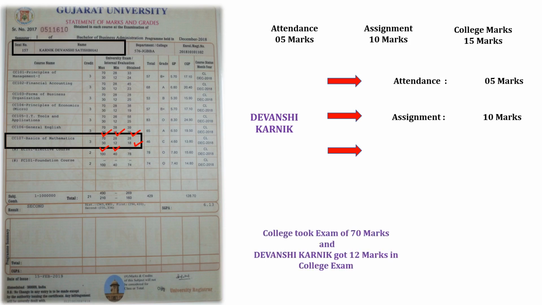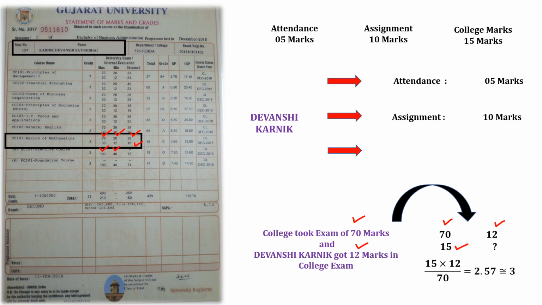The college took an exam of 70 marks and the student got only 12 marks. So if we use our mathematics, we can write it this way: out of 70 the student got 12 marks, so how much can she get out of 15? Normally, it will be 15 into 12 whole upon 70. The answer comes to 2.57, which is approximately 3.